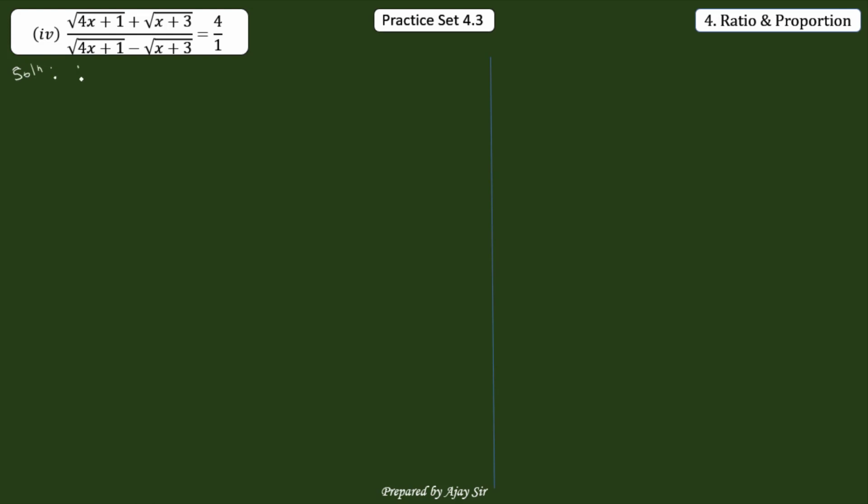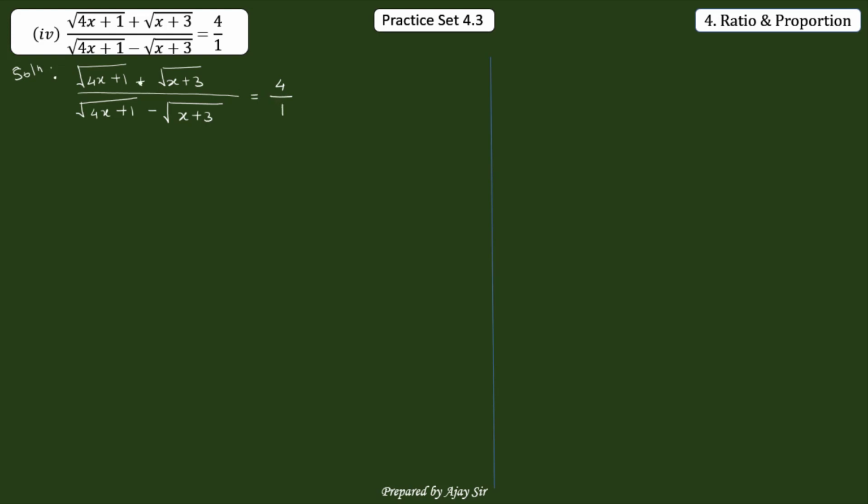Let us write down the given question as it is: square root of 4x plus 1 plus square root of x plus 3, divided by square root of 4x plus 1 minus square root of x plus 3, is equal to 4 upon 1.